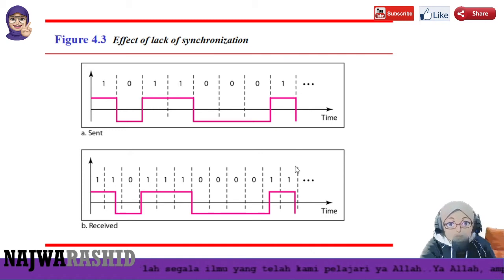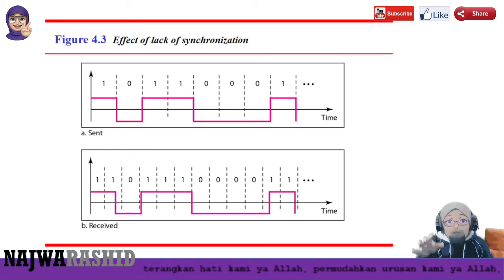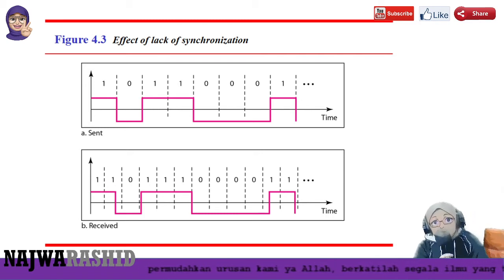The time frame is similar, but the signal arrives earlier compared to the sender side. It means the clock at the receiver is faster compared to the clock at the sender side. So let's say the sender side already sent 1 bit, the receiver already received 2 bits. So that is the effect of the lack of synchronization between the sender and the receiver.